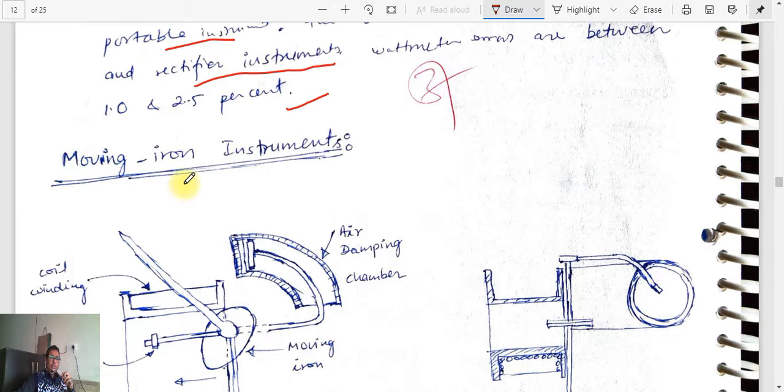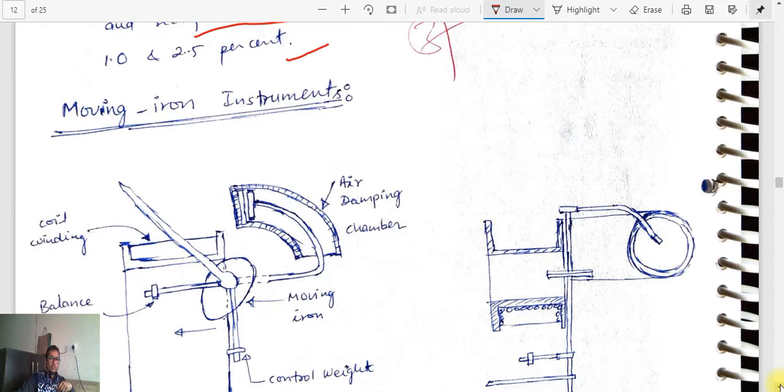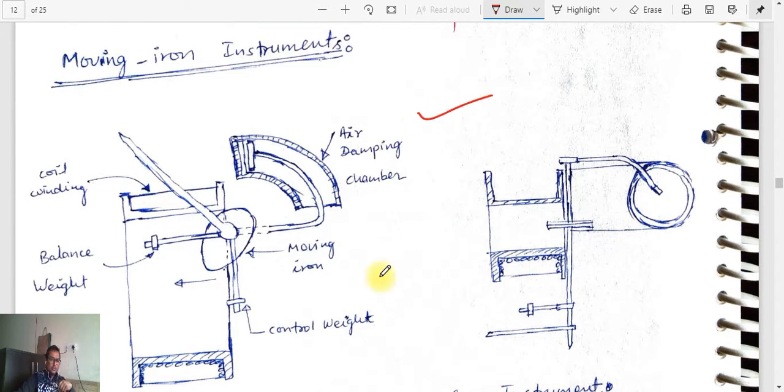The moving iron instrument. Let us see what a moving iron instrument is. There are two general types of such instrument, namely the attraction type and the repulsion type. In all moving iron instruments, the current to be measured is passed through a coil of wire, the number of turns of which depends upon the current.